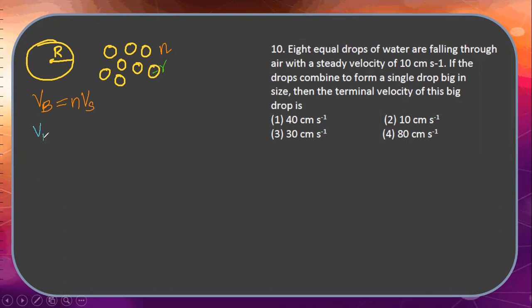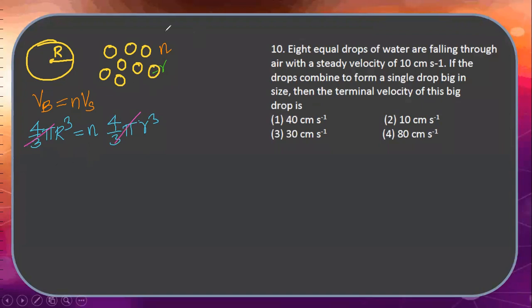The volume of the big drop will be equal to 4 by 3 pi R cube. This is the volume of the big drop. N into the volume of the small drop will be 4 by 3 pi into small r cube. On both sides we can cancel 4 by 3 pi. What is there?